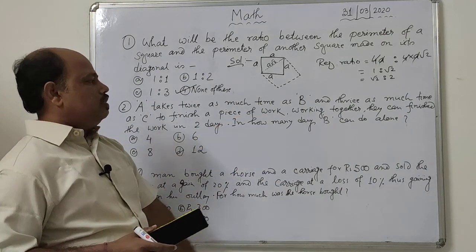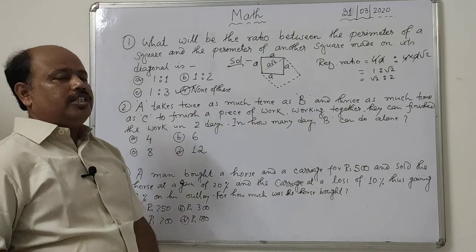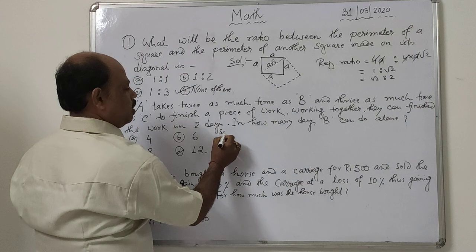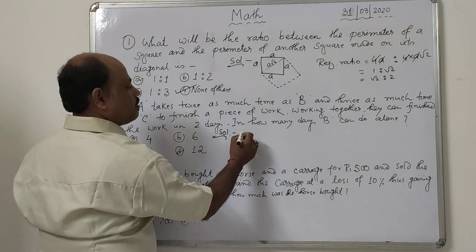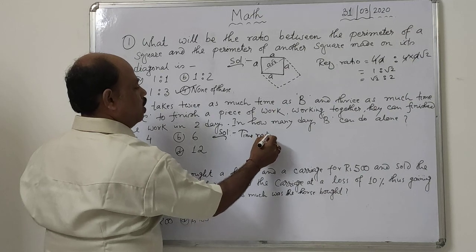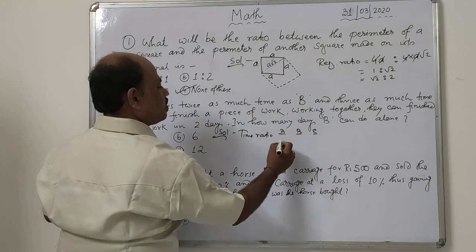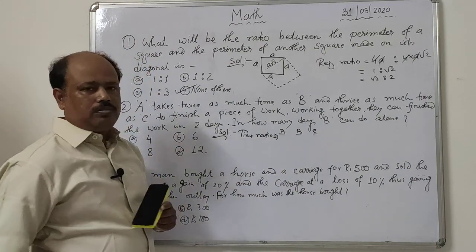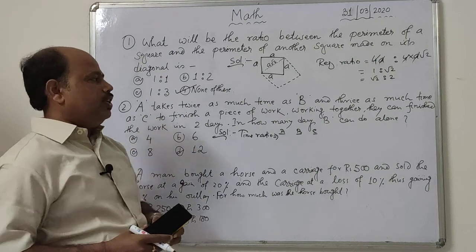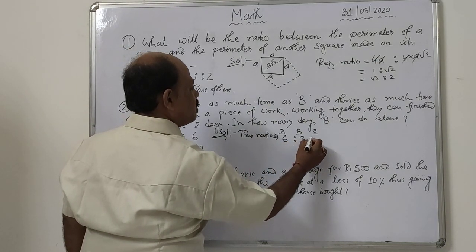And question is, if they together can do in 2 days, in how many days we alone can do? So what is the solution method? Look, at first you have to find what is the time ratio of A, B and C. Time ratio. A takes twice as much time as B and thrice as much time as C.